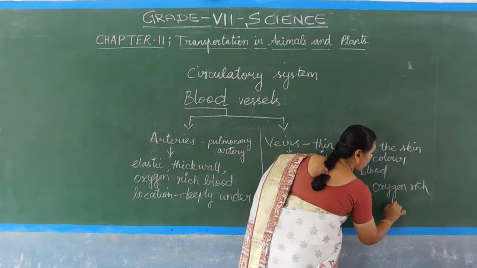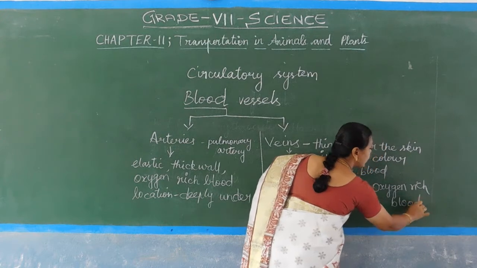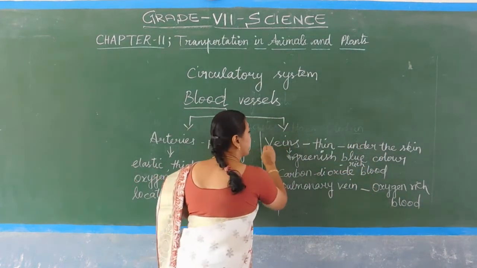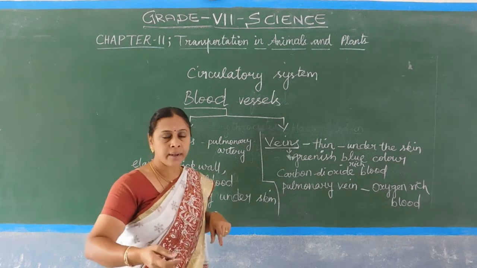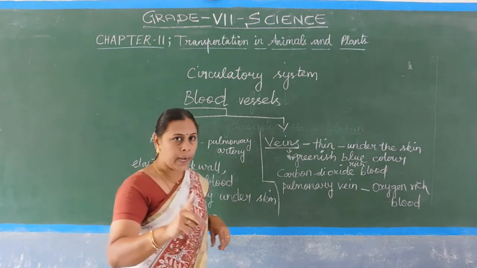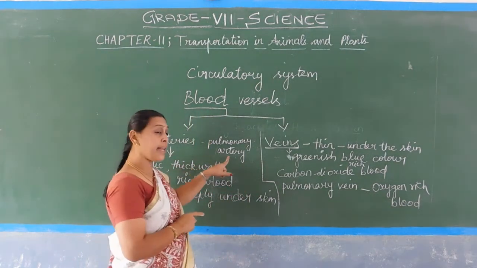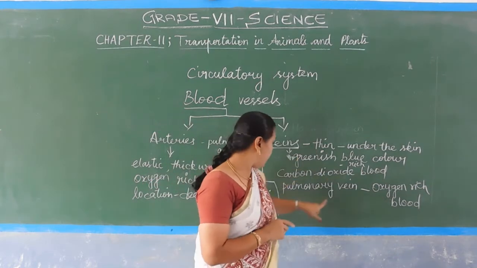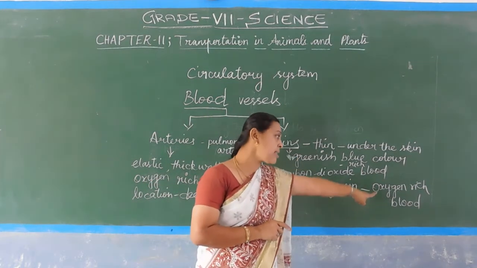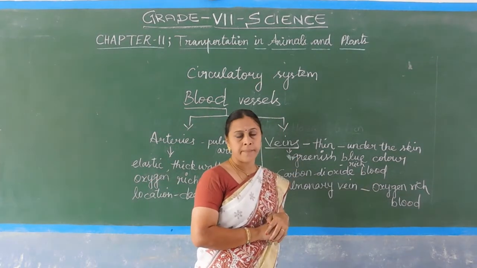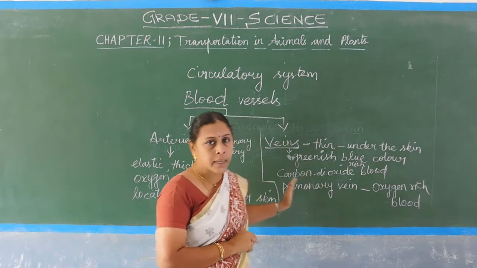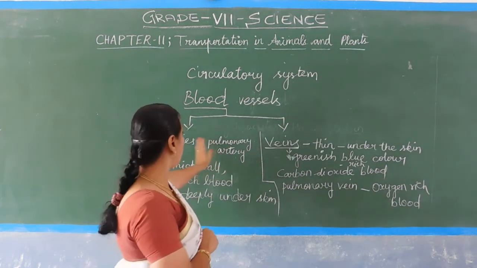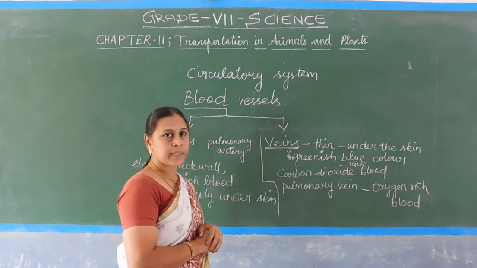So all the arteries carry oxygen-rich blood, and all the veins will carry carbon dioxide-rich blood, but with one exception. The pulmonary artery carries carbon dioxide-rich blood, and the pulmonary vein carries oxygen-rich blood. Are you clear? These are the differences between the blood vessels called arteries and veins.